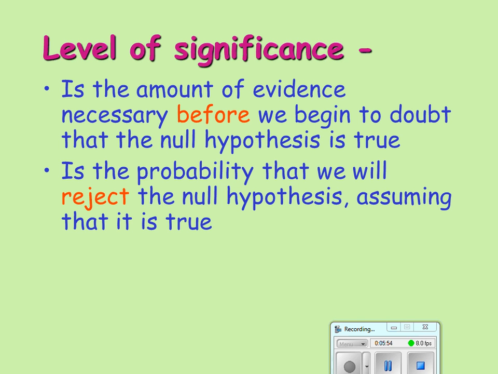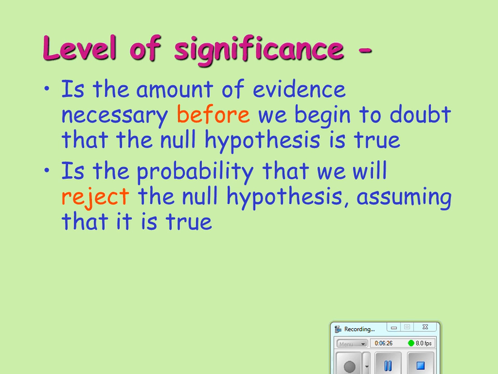If you're even thinking about an alternative hypothesis, the null hypothesis doesn't make sense, something's not quite right with it. So that's what we're talking about in the first bullet here. You're going to look for evidence for that. And the second bullet is the probability that we will reject the null hypothesis.